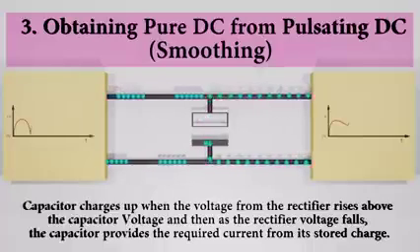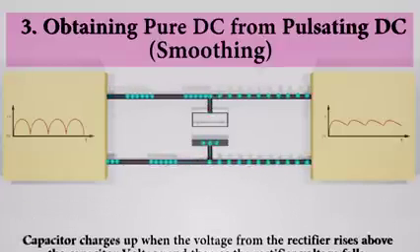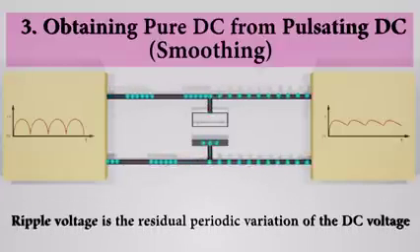The capacitor charges up when the voltage level increases, and it releases the stored charge when the voltage level decreases. Even though the output is smooth, there are little residual periodic variations.